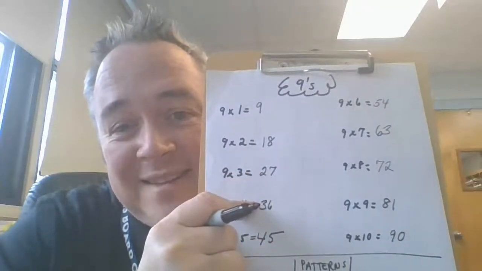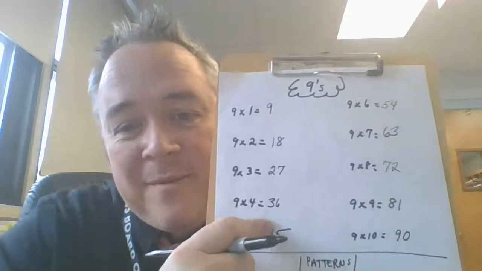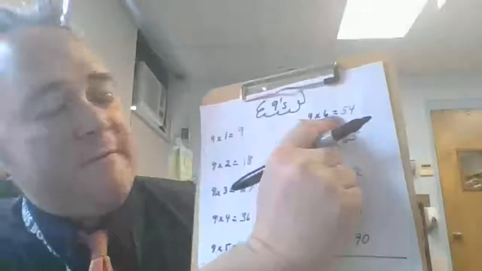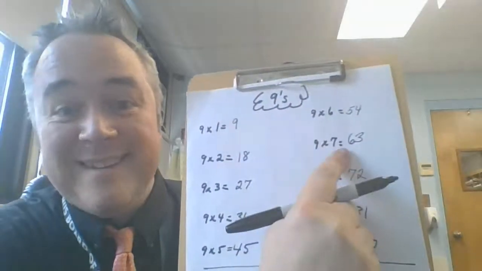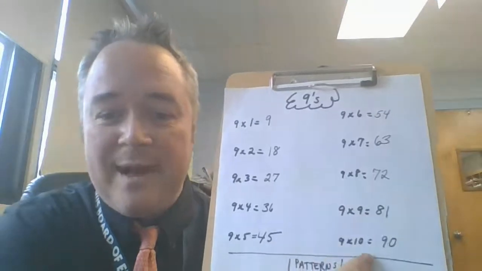The 3 and the 6, they do the same thing. 4 and 5, 5 and 4, 6 and 3. If you add up all the numbers in the tens column and the ones column, 9 and 0, they add up to 9. So let's say if you add the tens plus ones, they equal 9.